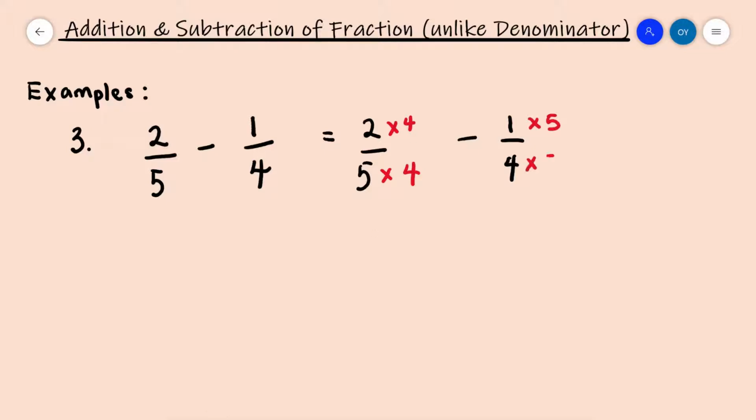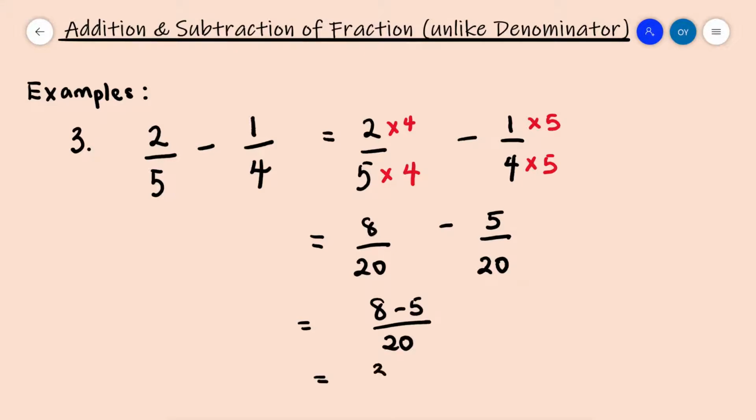So we have 8 over 20 minus 5 over 20. Now they have the same denominator, so we have 8 minus 5 over 20, and that is 3 over 20. So 2 over 5 minus 1 over 4 is 3 over 20.